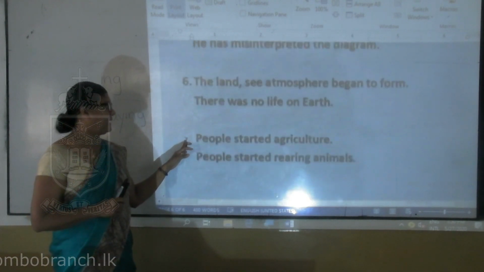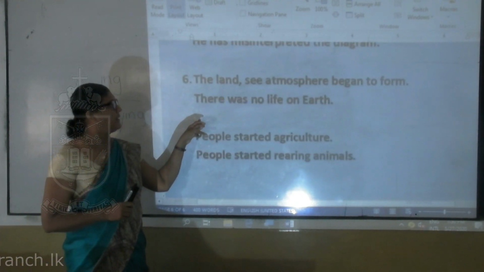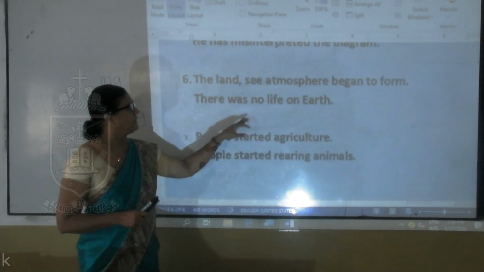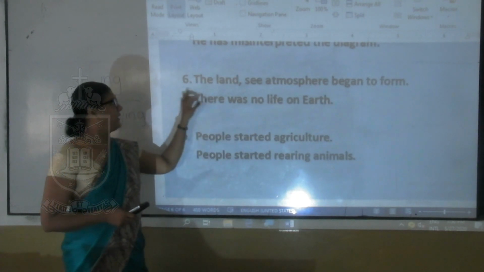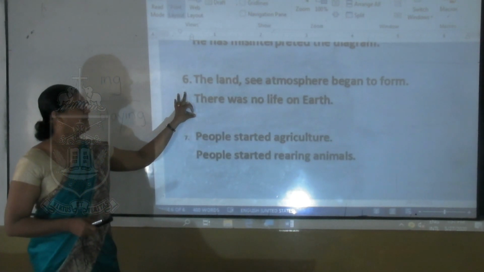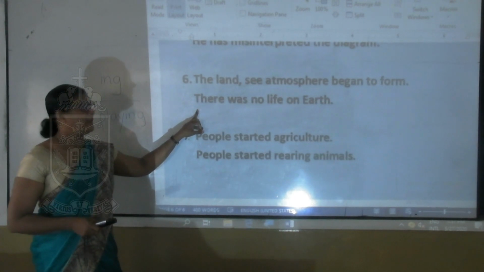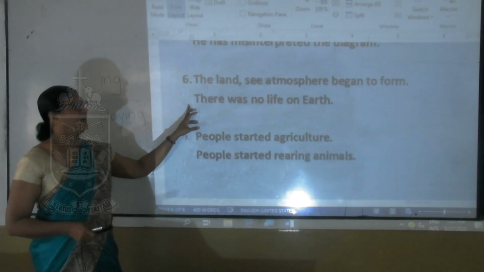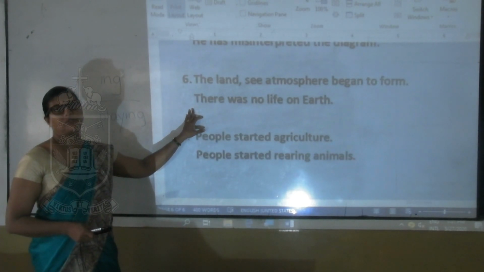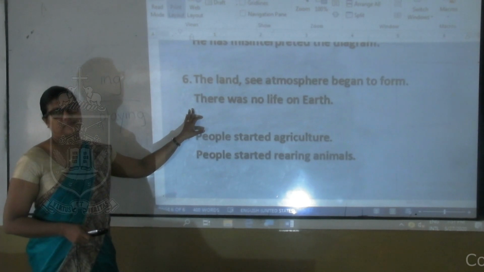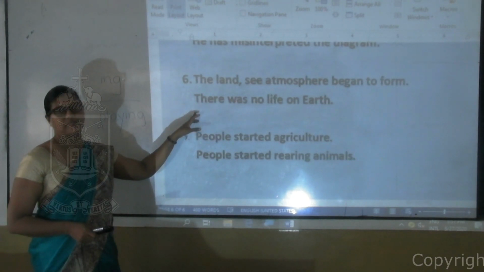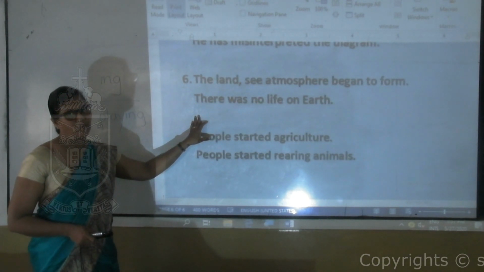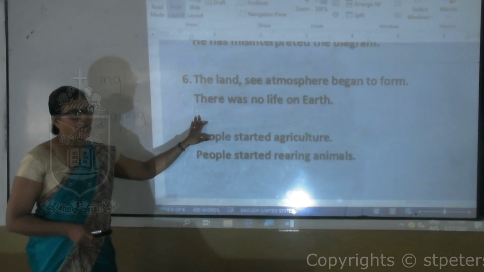Number 6. The land, sea, and atmosphere began to form. There was no life on earth. So for these two ideas, the best option is to use the word but.